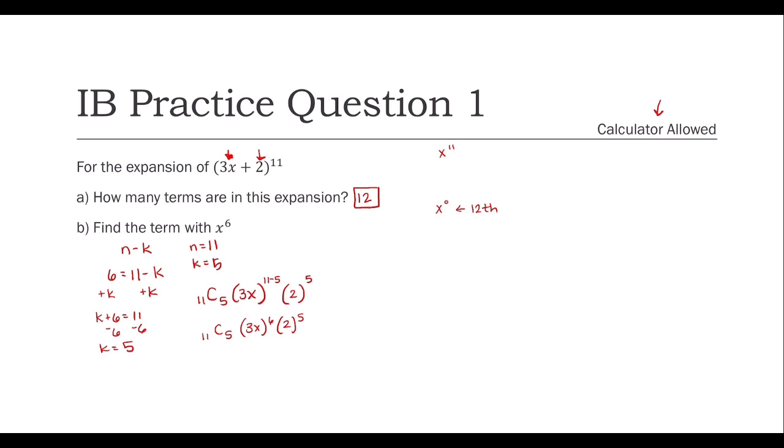Using our calculator, we find that 11 choose 5 is 462. And then we have 3 to the 6th, which is 729, times x to the 6th, and then 2 to the 5th, which is 32. Then we can multiply the numbers together to get 107777536 x to the 6th. So here's our term with the x to the 6th power.